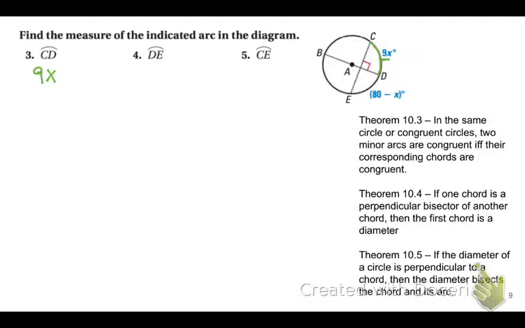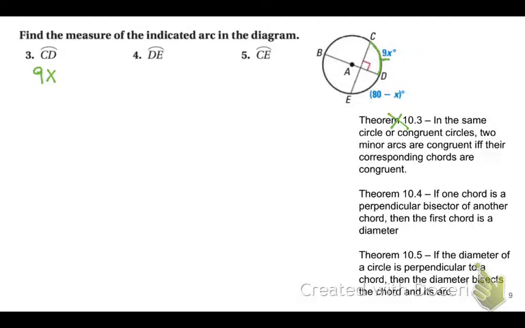So it looks like what we need to find is x. So how are we going to find that? 10.3 isn't going to help because that's about arcs and all that kind of stuff. Same circle, two minor arcs are congruent. We don't know anything about minor arcs at this point.